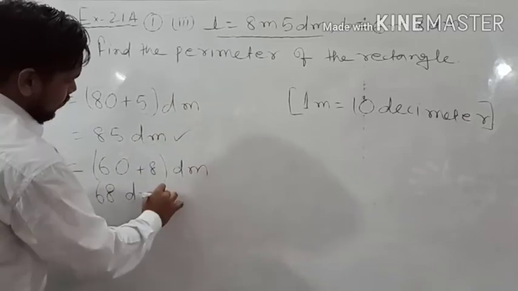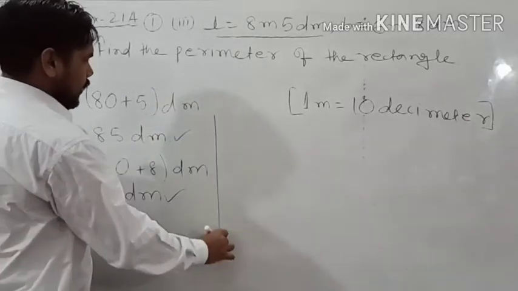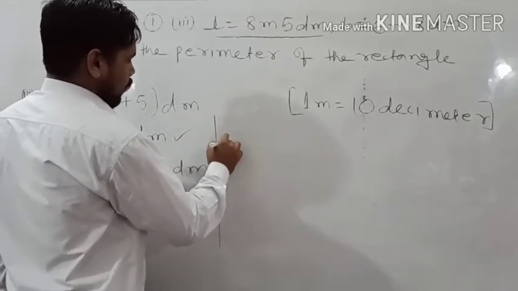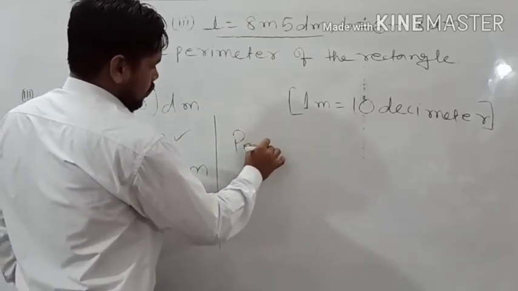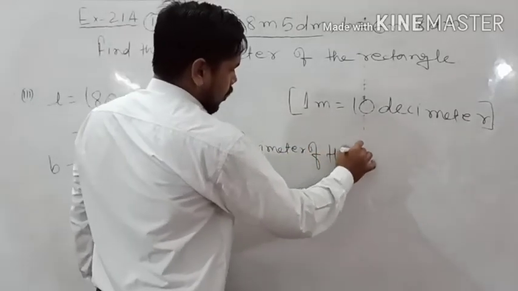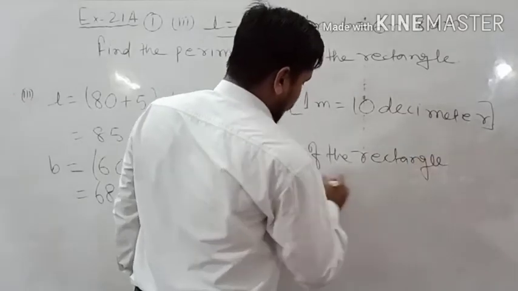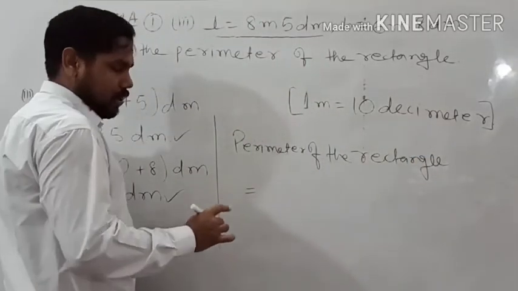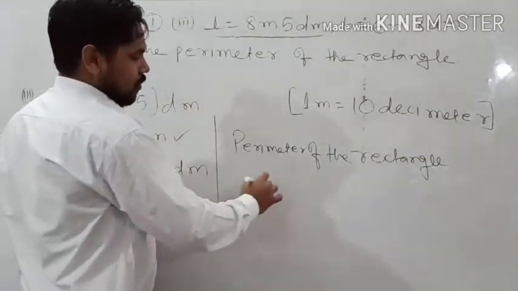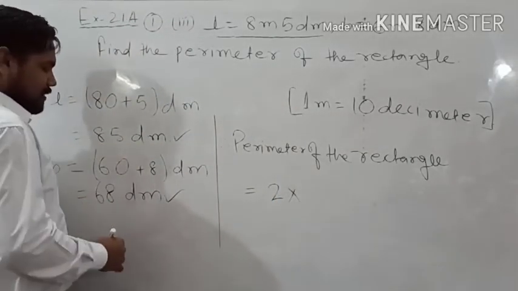So length is given, breadth is given. So length and breadth we got. Now the perimeter of the rectangle. Therefore, perimeter of the rectangle will be equal to 2 into length plus breadth. Okay, so putting directly, 85 plus 68.